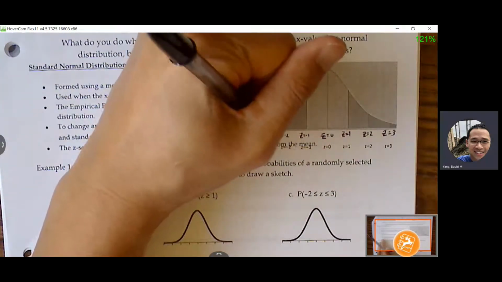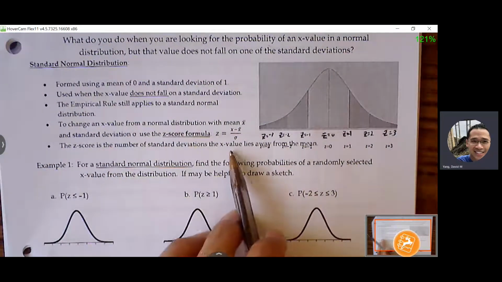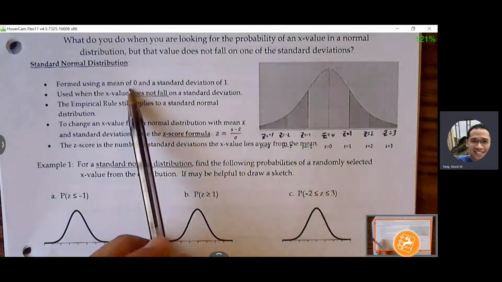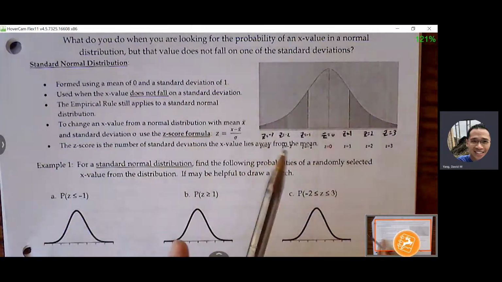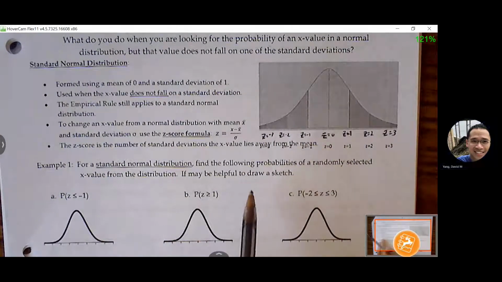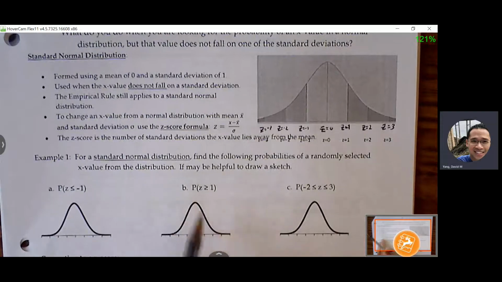Okay, and z equals -3. So the z-score is the number of standard deviations the x value lies away from the mean. So we're forcing a mean of 0 and standard deviation of 1 to allow us to work with problems where the numbers don't line up as nicely as we would like.